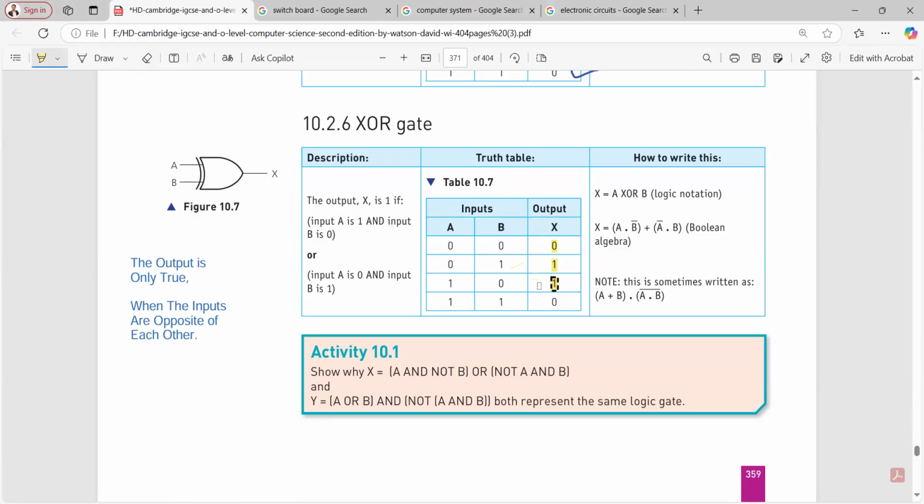And if it is 1 and 1, as it is same, it will be 0. Please draw this as well. Done, sir.